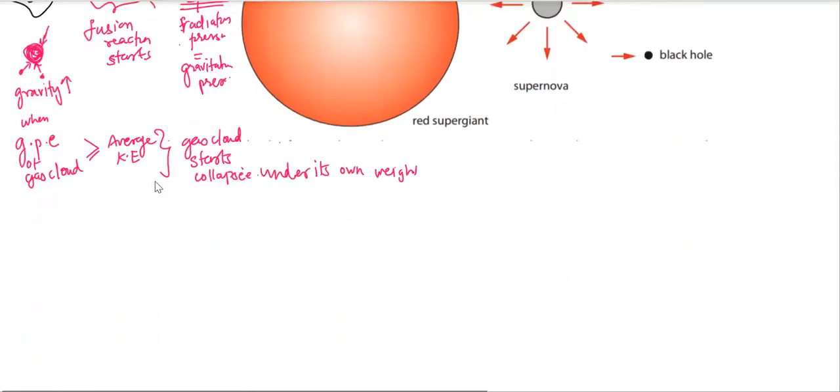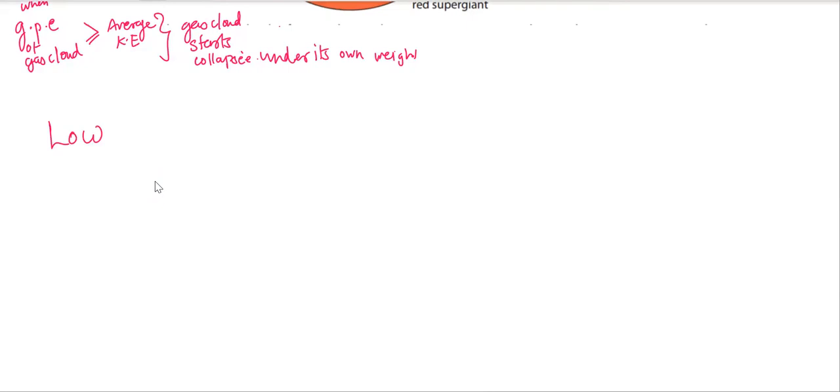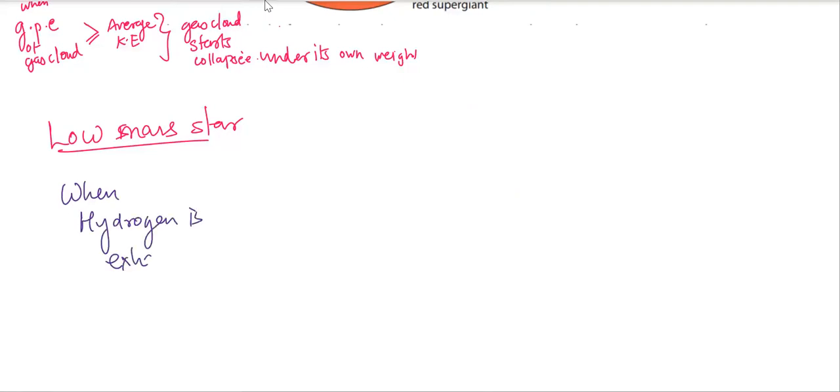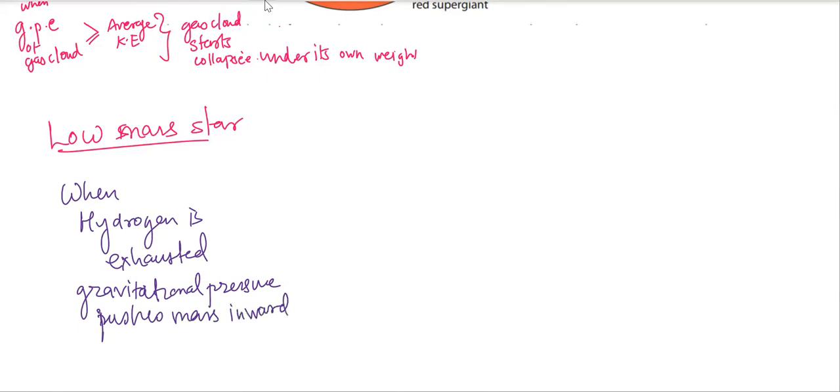Now, usually what happens to a main sequence star, for a low mass star, the one important thing that happens is that when hydrogen is exhausted, the gravitational pressure starts pushing inward. It pushes mass inwards, increasing the temperature.